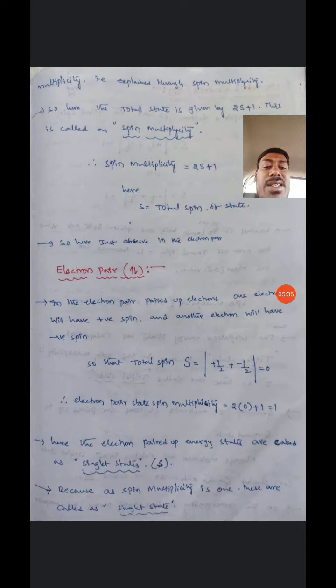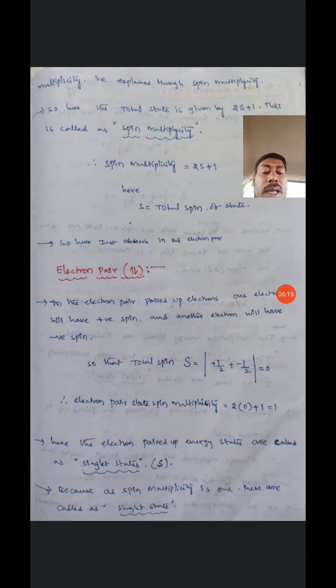Next we are discussing the electron pair. In paired up electrons, one electron will have positive spin and another electron will have negative spin, so that the total spin S is equal to the modulus of plus half minus half, that is equal to 0.